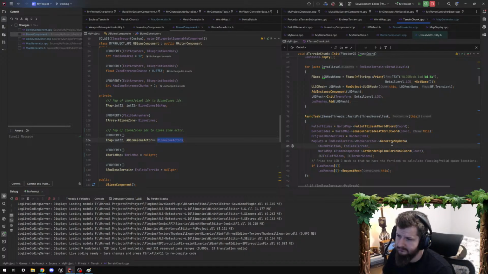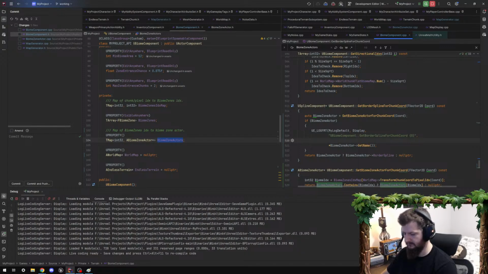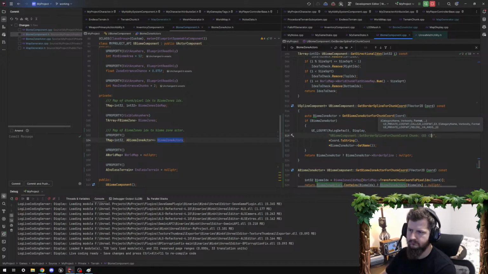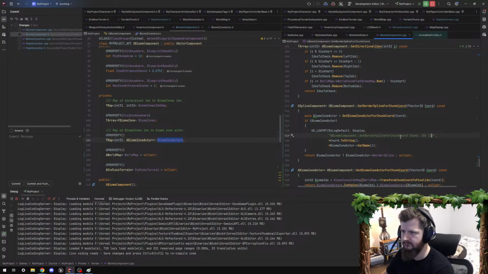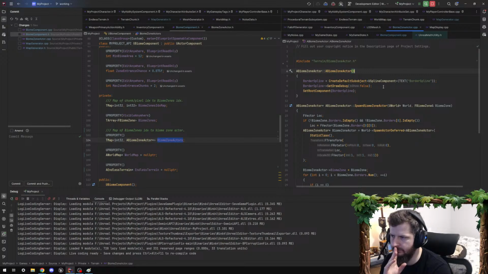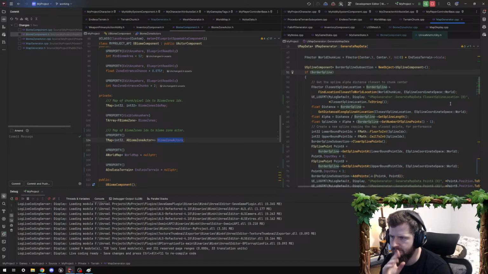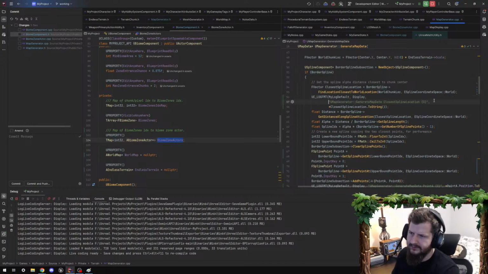Okay, so what I'm going to need to do here to make sure I'm looking at the right stuff is log the coord as well, to string. And then where else would I need to log? Probably for closest spline location as well.